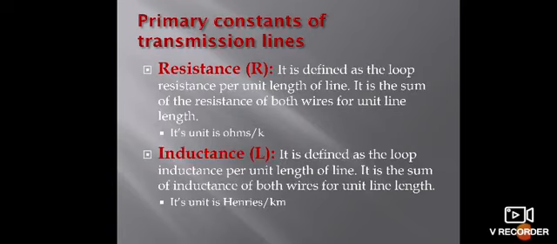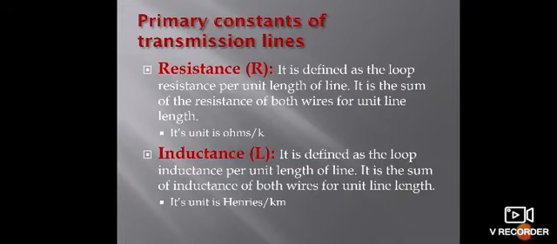Its unit is ohms per kilometer. Note that I have written only K, but M is also present; the units are ohms per kilometer. So that is the first primary constant of transmission line.